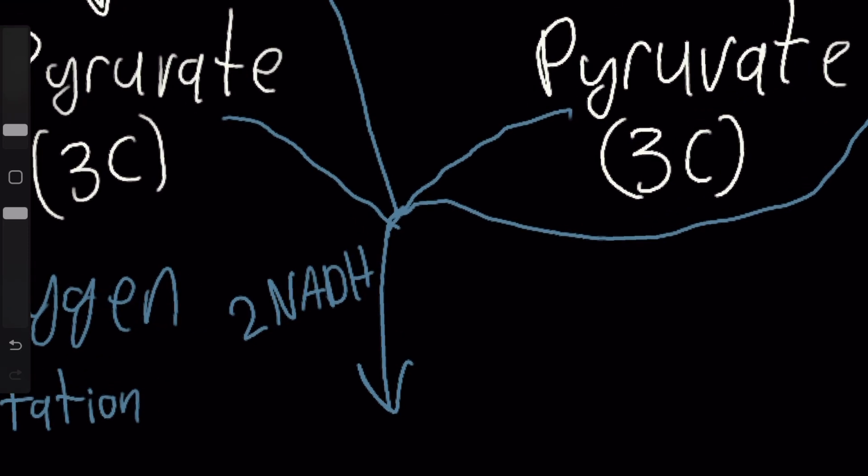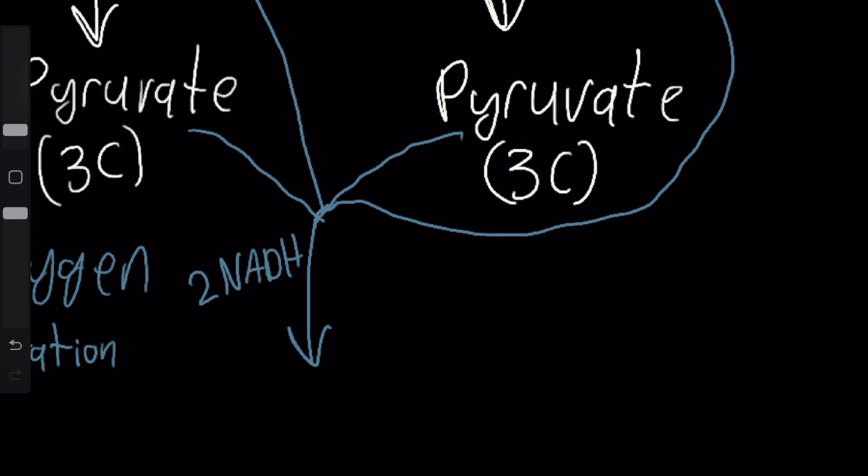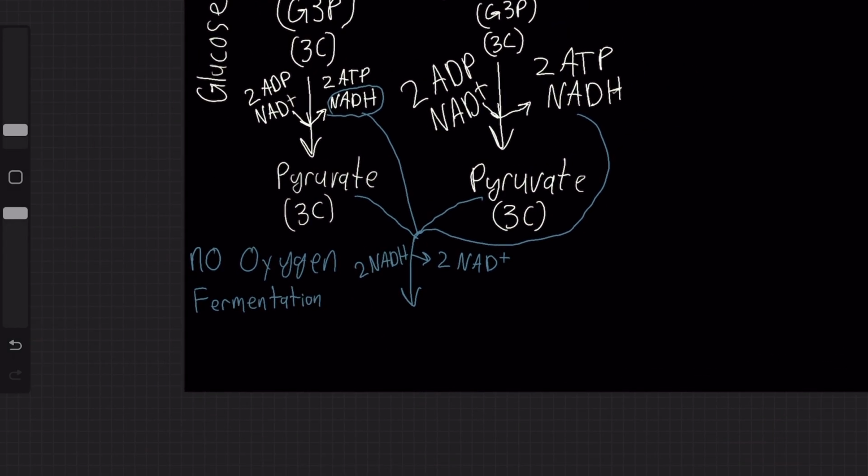So we'll reduce both pyruvates, and we'll get another 2 NAD plus back, which will go back into this system right here.